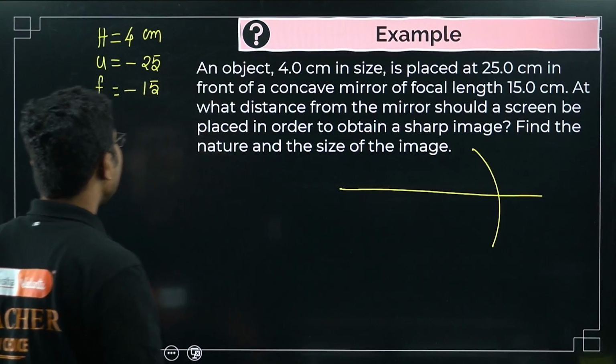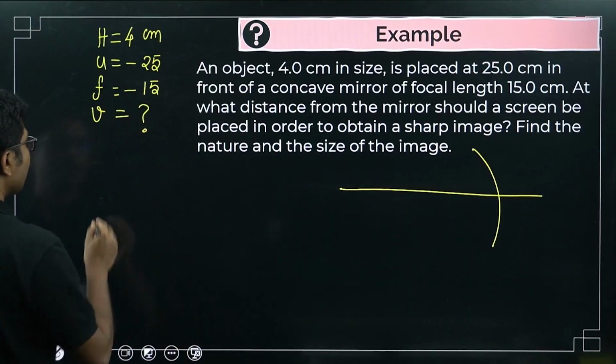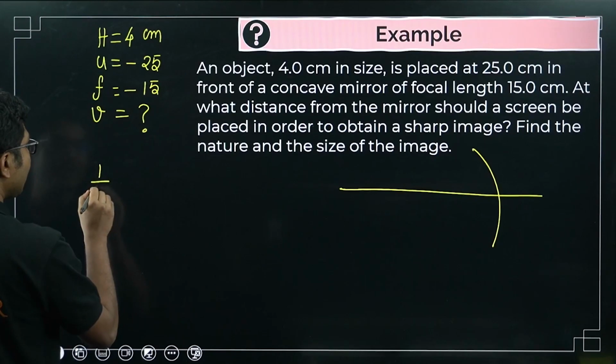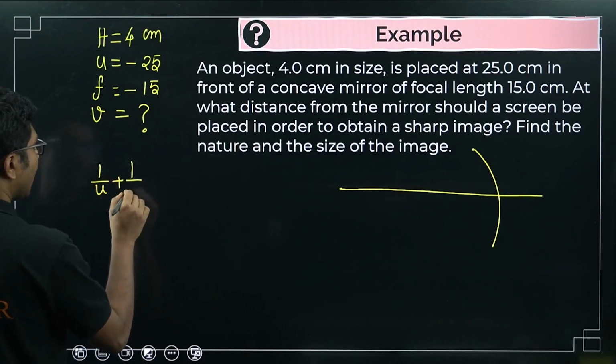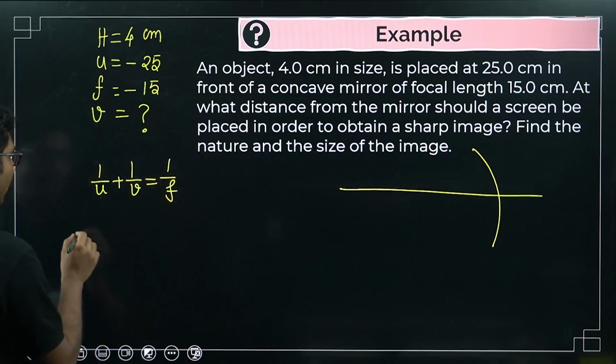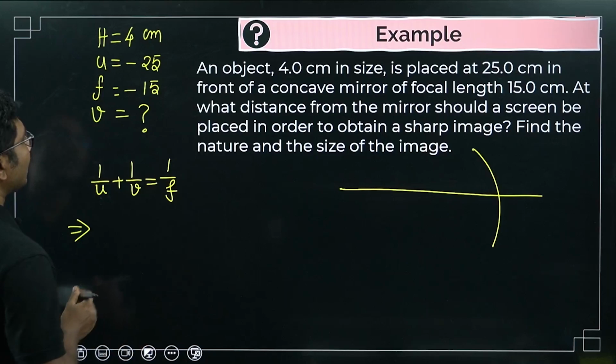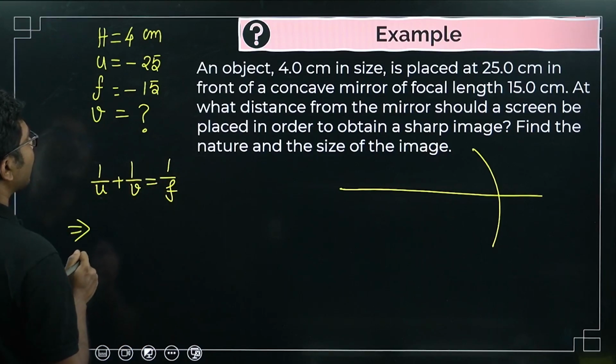So basically you have to calculate what should be v. We will use the formula 1 by u plus 1 by v equals 1 by f to calculate v for the first part, then we will see the second part.